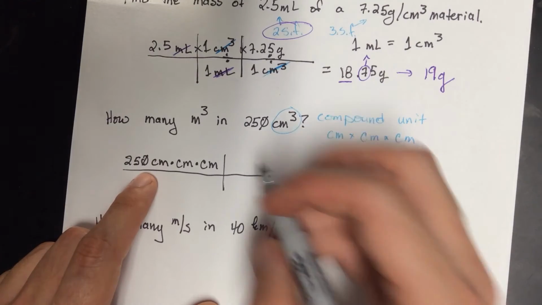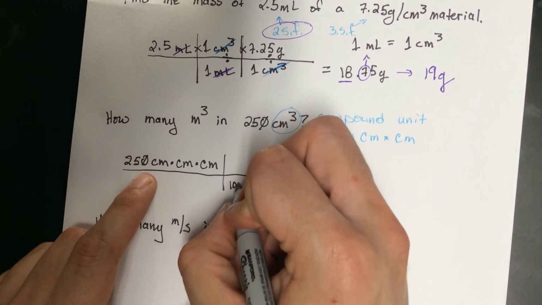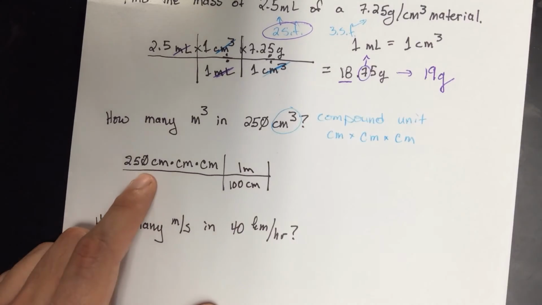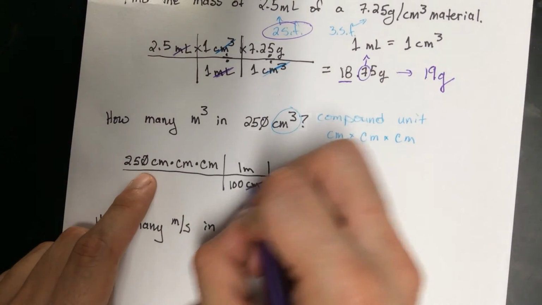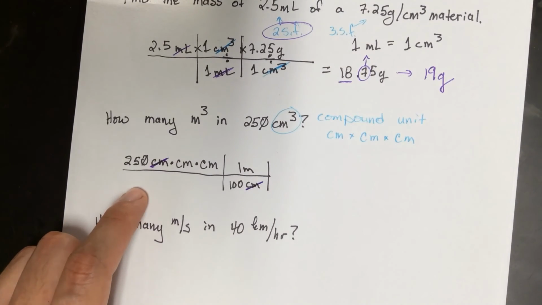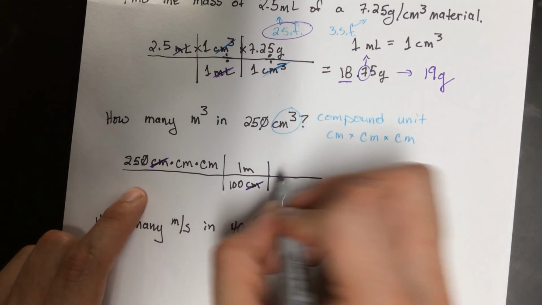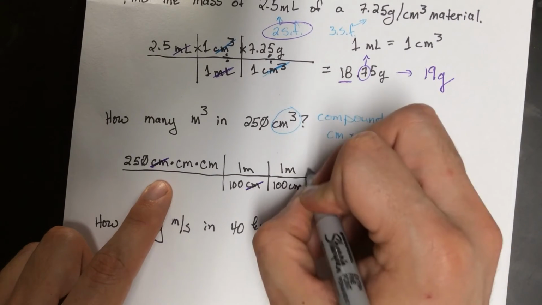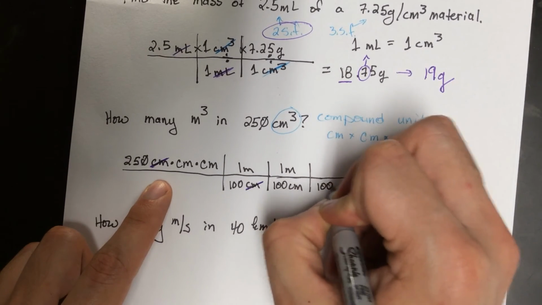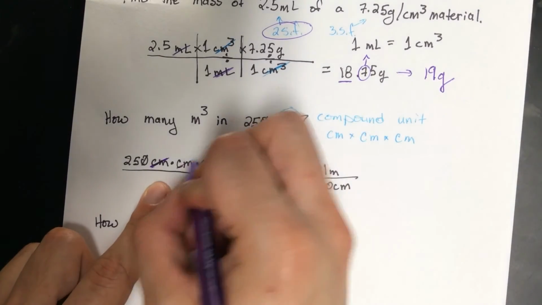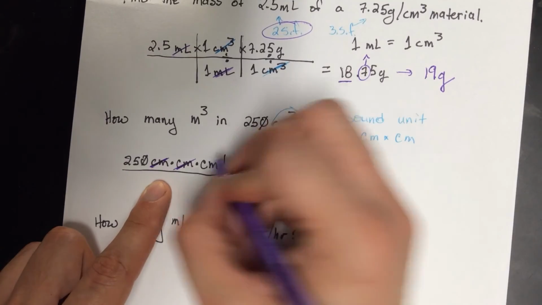I can't just use a single copy of 100 centimeters in every 1 meter, because that only cancels out 1 of my centimeters. I have to use an additional 2 copies of this fact in order to cancel out the additional centimeters from my centimeters cubed.